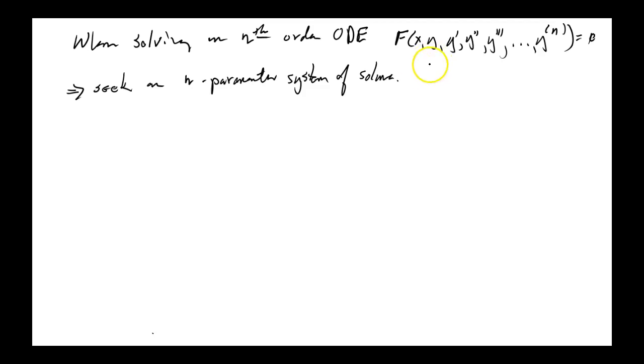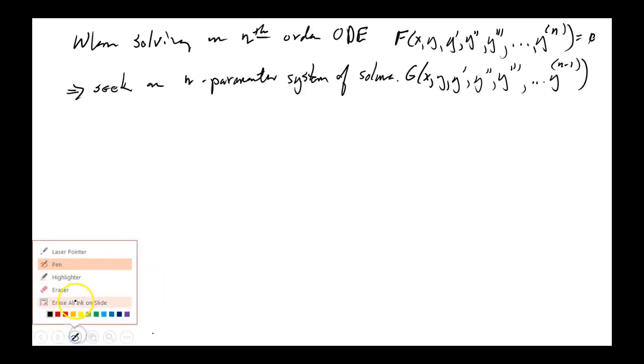In this case, that would be g of x, y, y prime, y double prime, y triple prime, all the way up to y to the n minus 1. Oh, I'm sorry. They're changing things around on us now.